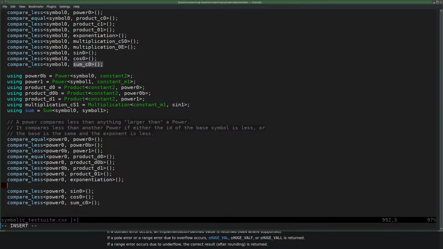And then here we have multiplication, which probably looks a lot like the products, except that some things cannot be done. So we have the arbitrary one.